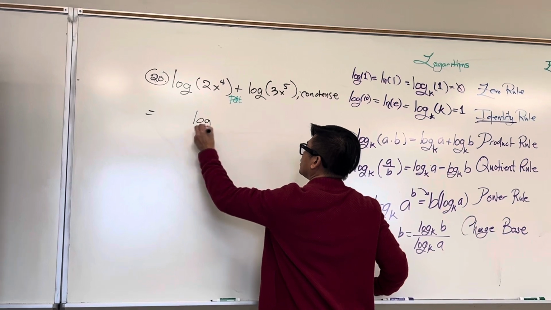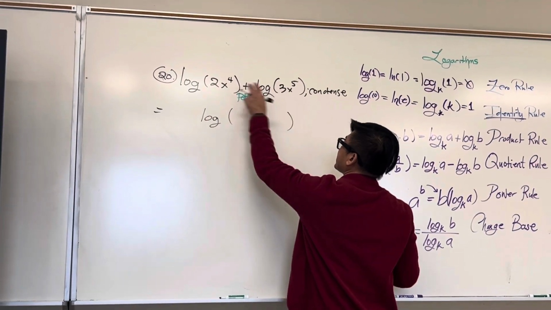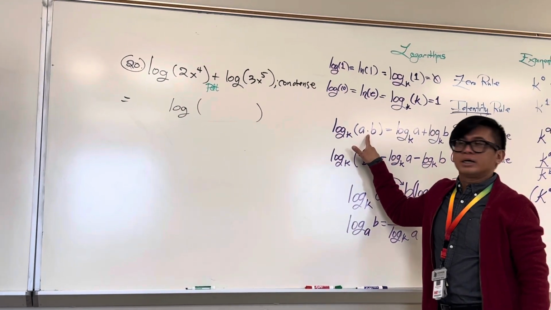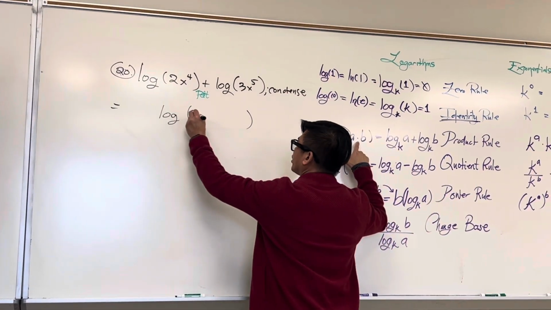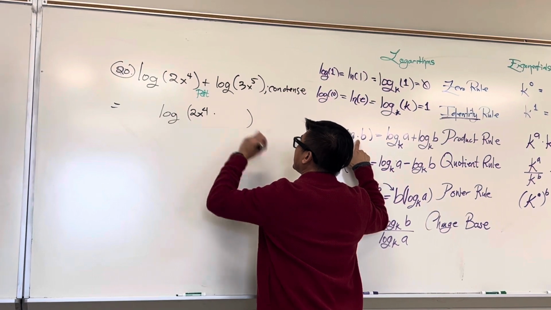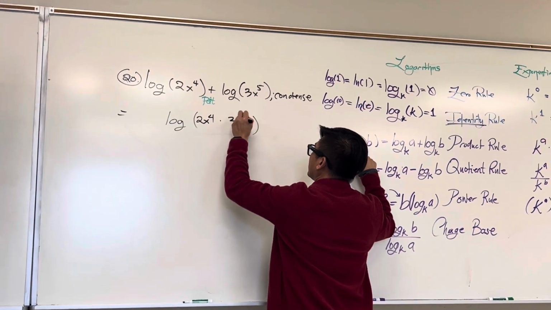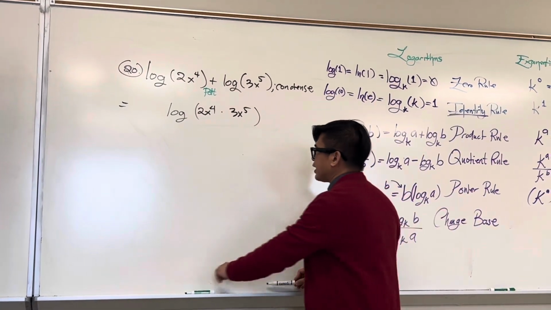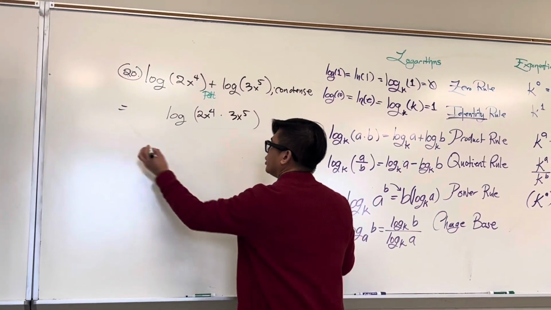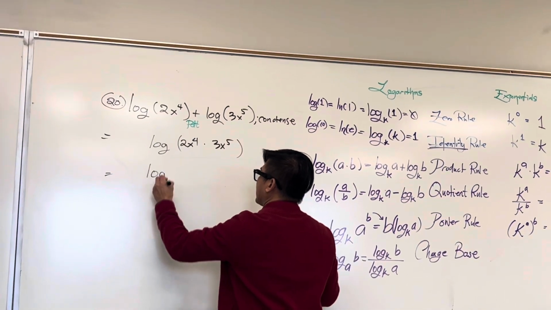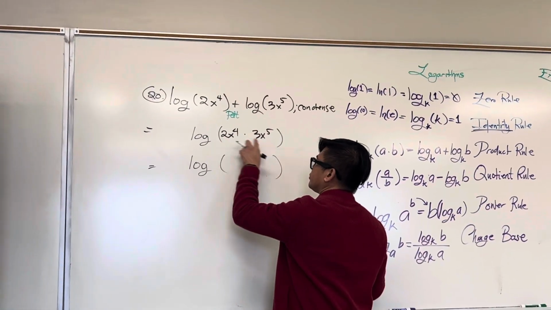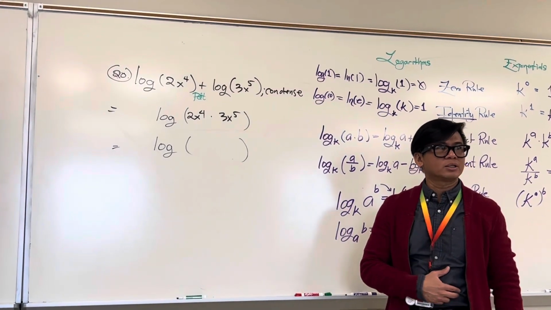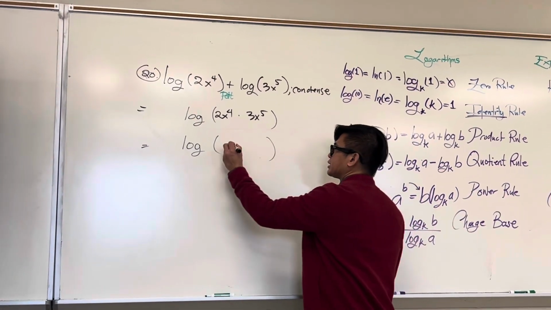Common log. Now what are you going to do with the 2x to the fourth and 3x to the fifth? You're going to multiply them instead. So that's going to be 2x to the fourth times 3x to the fifth power. And then after that, we use our rules of exponents. What are you going to do with the 2 and the 3? Multiply them together. What's that going to be, Thomas? 2 times 3, 6. Very good.